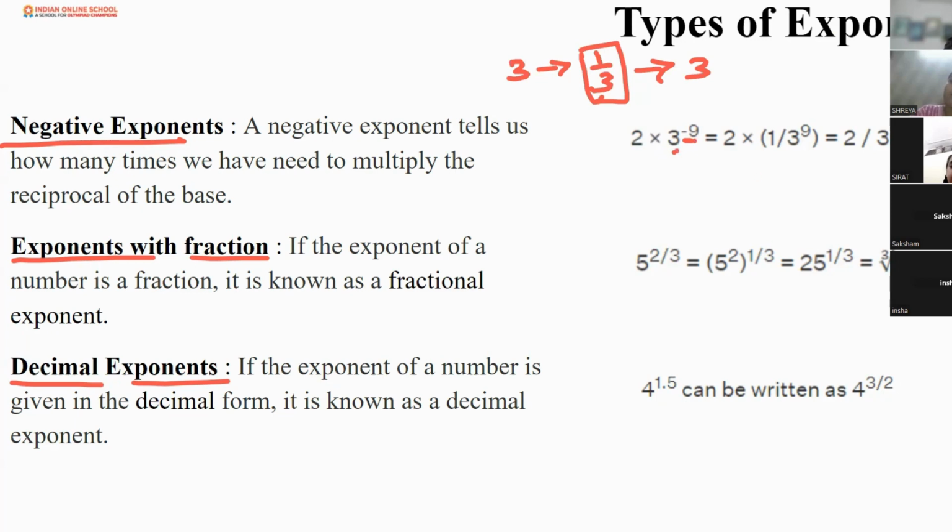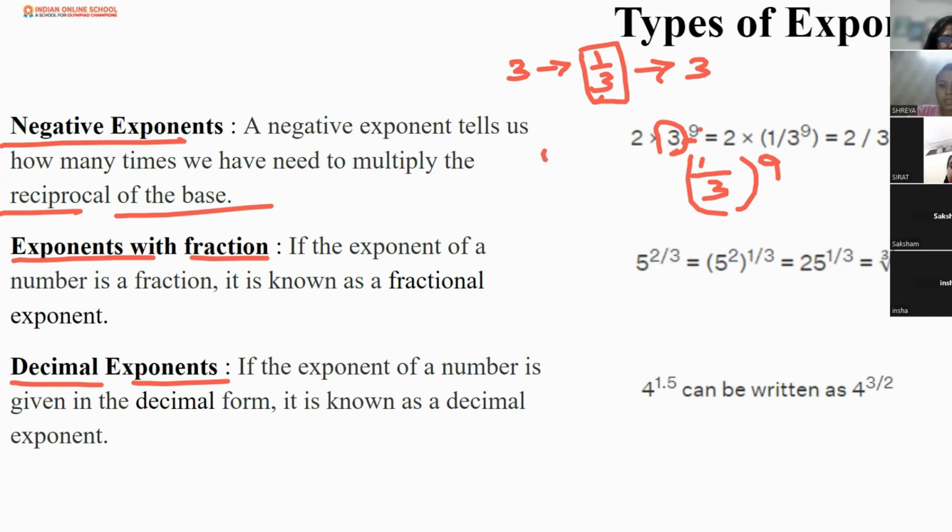So 3 to the power minus 9. When you have negative exponents, basically it's the reciprocal of the base. So 3 to the power minus 9 means you first reciprocate 3, that's 1 by 3. Once you have reciprocated the base, the power becomes positive.